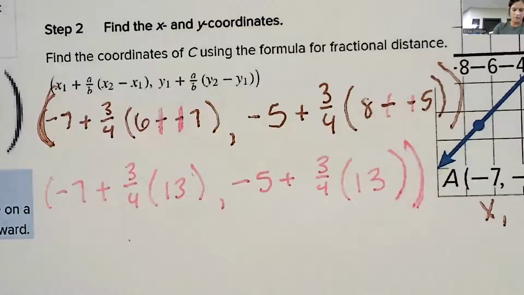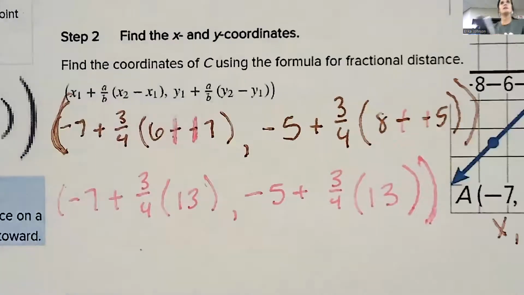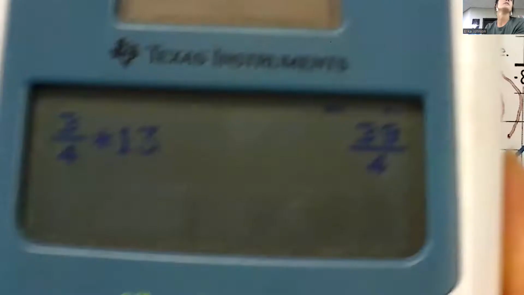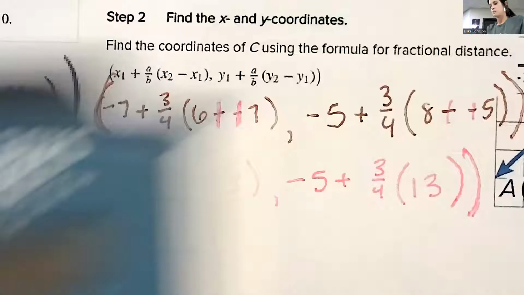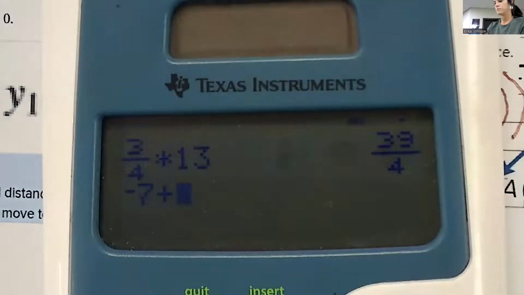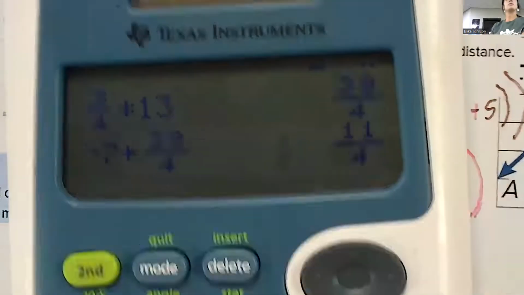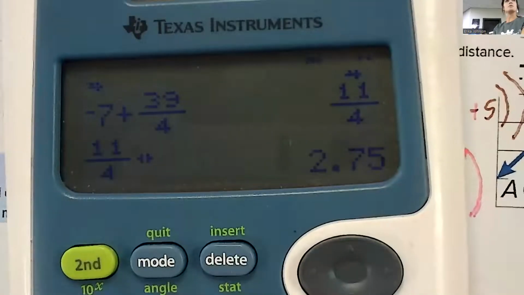Let's see, I'm going to grab a calculator real quick. We do 3/4 times 13, and I get 39/4. So I have -7 plus 39/4, which is 11/4. Let me make that a decimal so that means more to us: 2.75 for the first one.